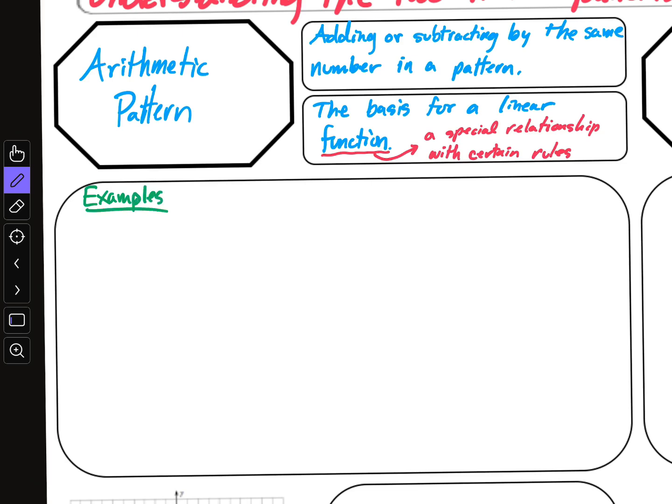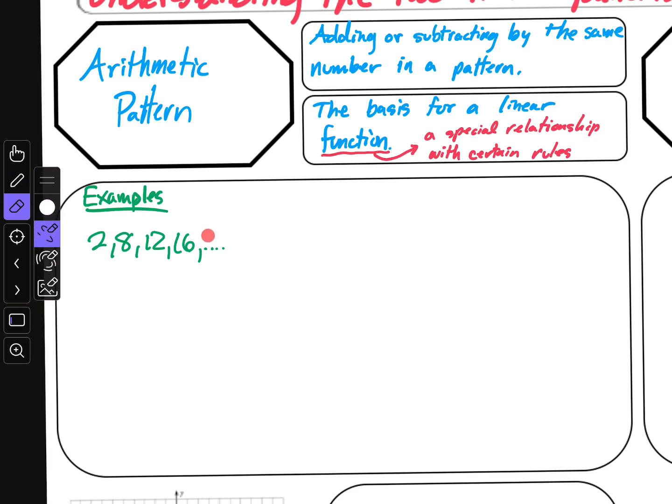So now this big box, we're just going to put in a few examples here, okay? Just kind of some examples of what's going on. So let's say we just have some sequences, right? So like 2, 8, 12, 16, and so on. Those dots just mean that the pattern keeps going, right?